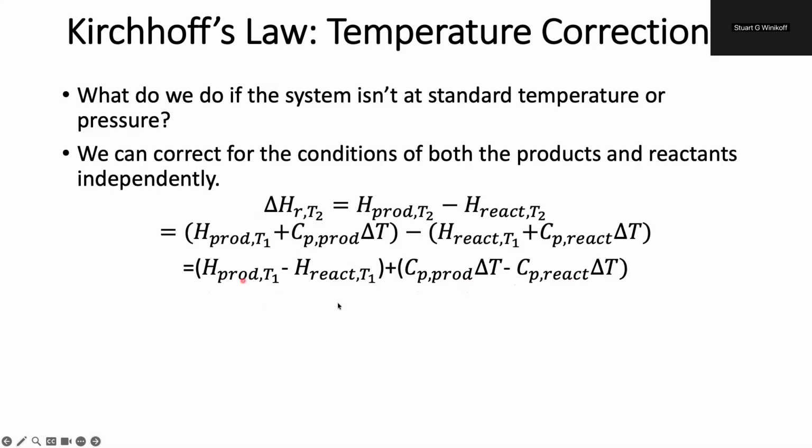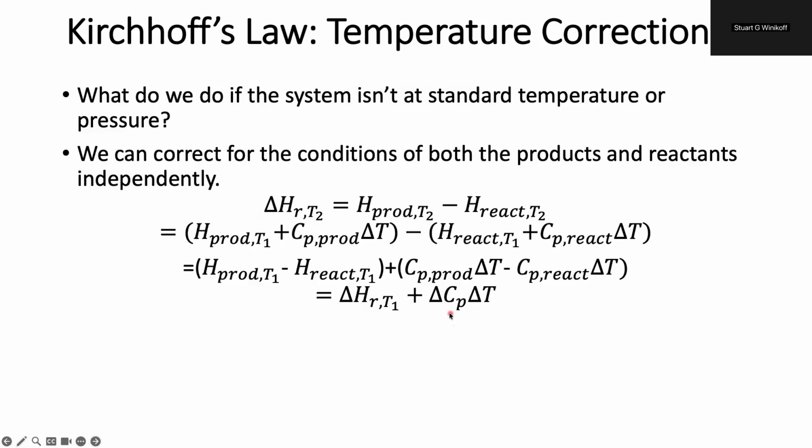Well, you'll notice this first term is just going to be the enthalpy of reaction at T1. And notice we have a common delta T term on the heat capacities. So that means what I'm really left with is the difference between the heat capacities for the products and the heat capacities for the reactants. This is known as delta Cp.